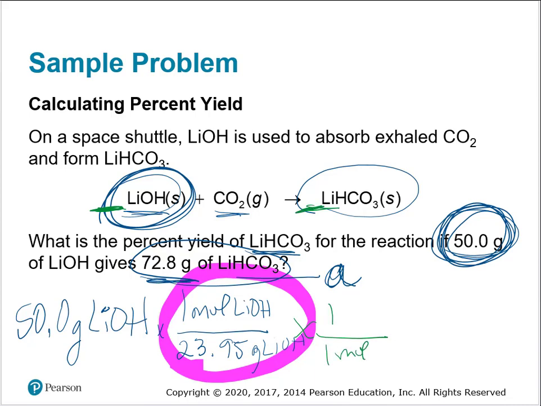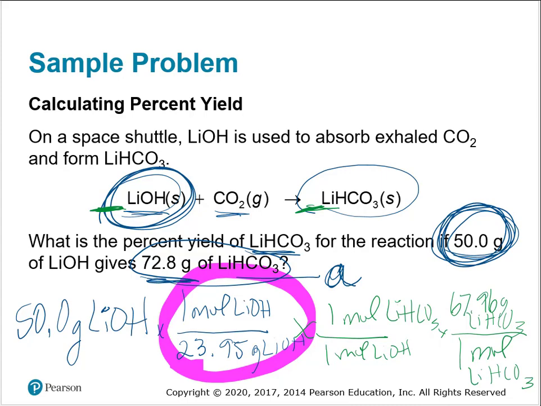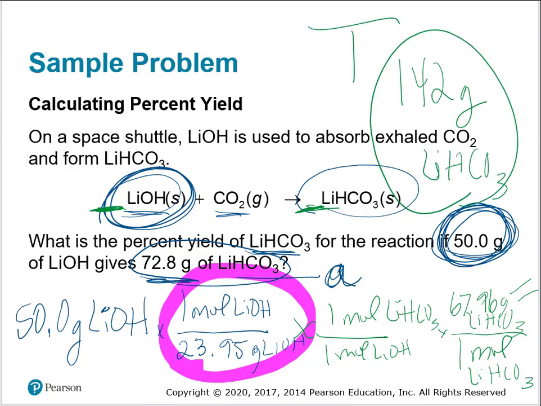So I'm going to have my moles of LiOH on the bottom to moles of LiHCO3, and then finally we need to find the molar mass of our product, which should be about 67.96 grams. Now we need to multiply across and divide going down, and we should get 142 grams of LiHCO3. So this is how much we theoretically should get on paper.